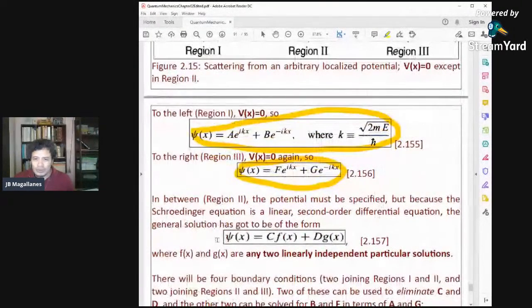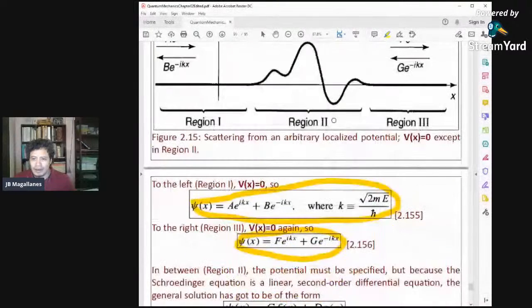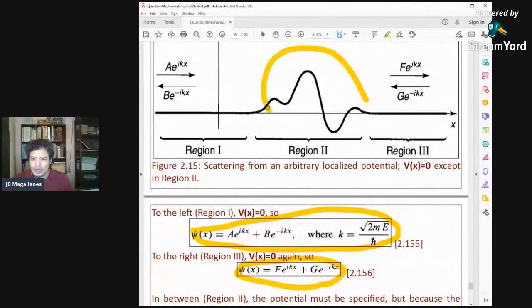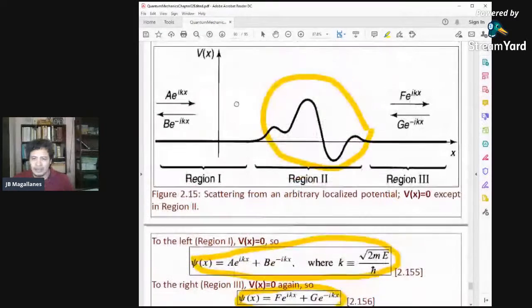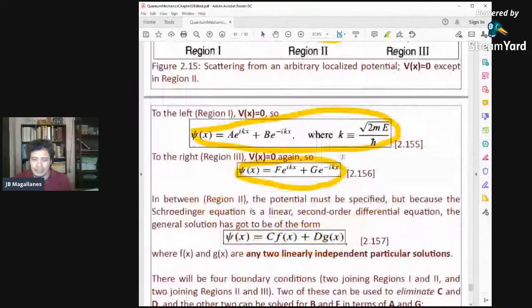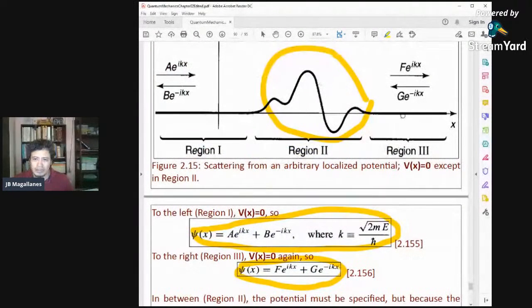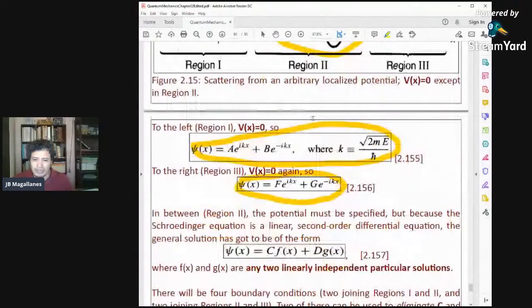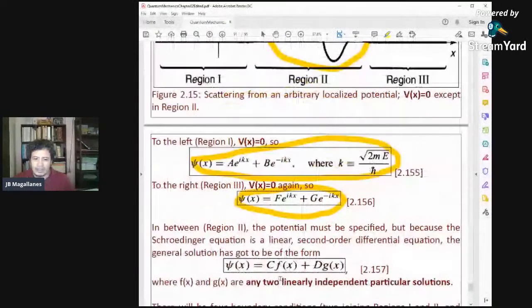For region 2, we don't have a specific potential here. Let's consider an arbitrary potential, which is just a sum of this solution and this solution. The C and D here are arbitrary constants.